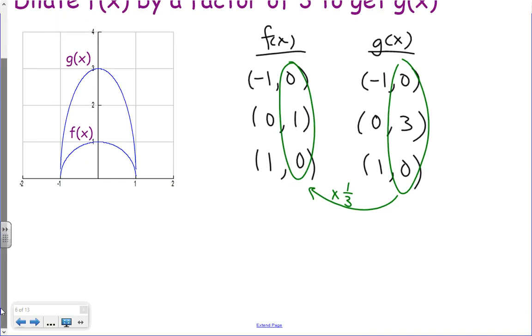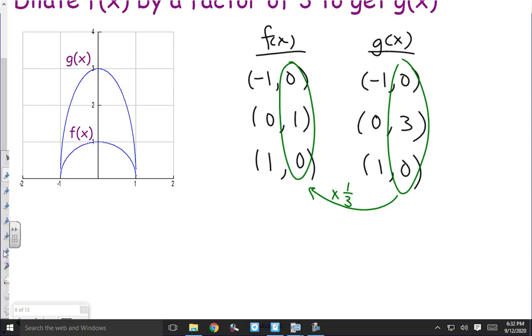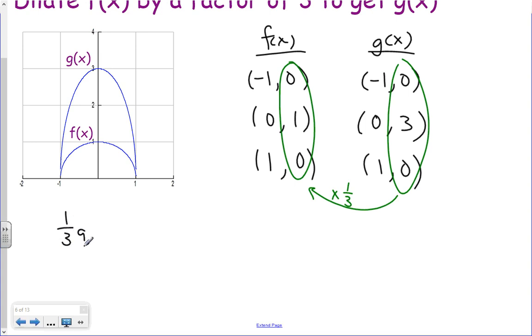So we'll start out writing it this way and then we'll modify that. If I take each of the y values for function g of x and multiply them by 1/3, so I'll write it as 1/3 g of x, that ends up giving us f of x.